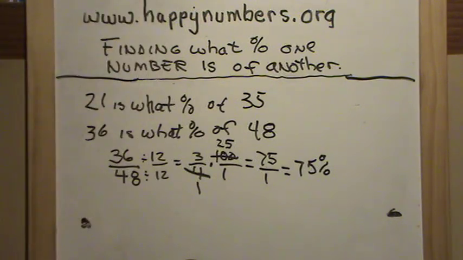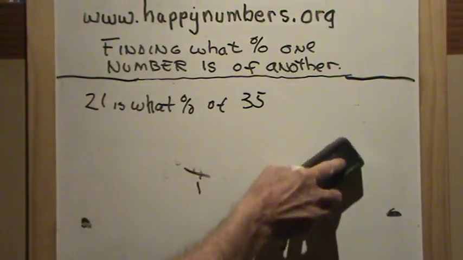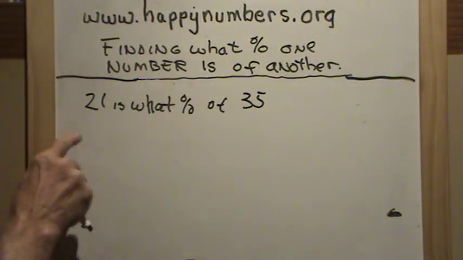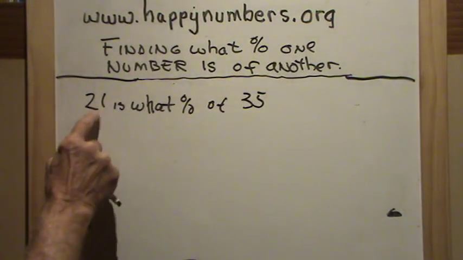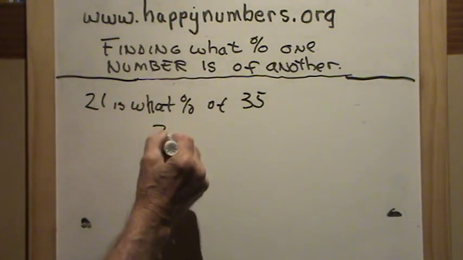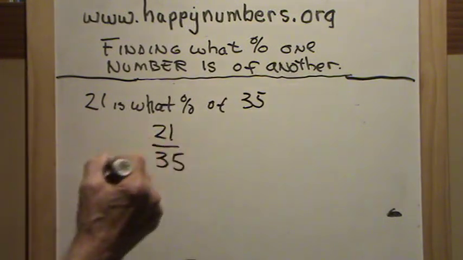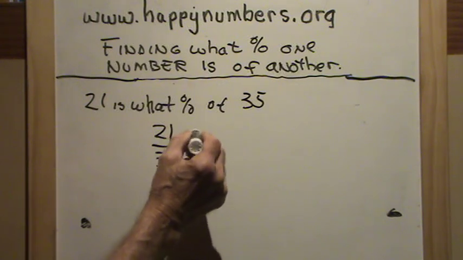Well, that's it. It's a fairly simple skill set. Quick review. If I want to find such and such is what percent of such and such, this becomes the numerator. This becomes the denominator of the fraction. You want to make sure it's reduced in lowest terms. Here we divided by 7.